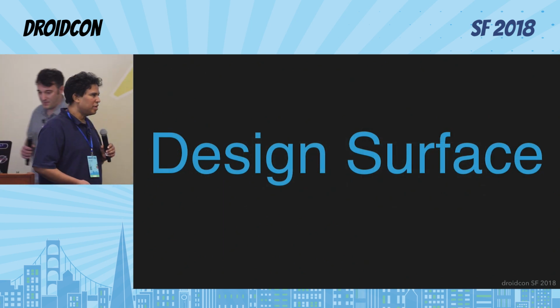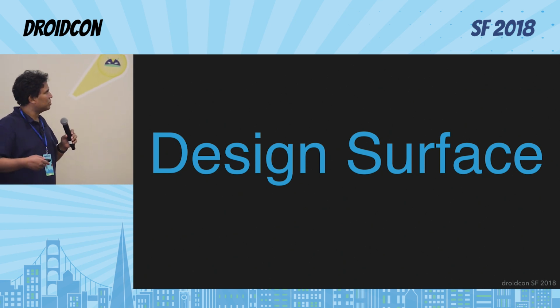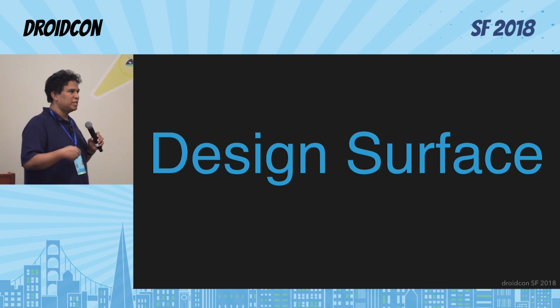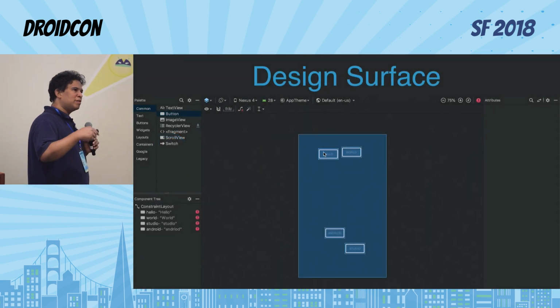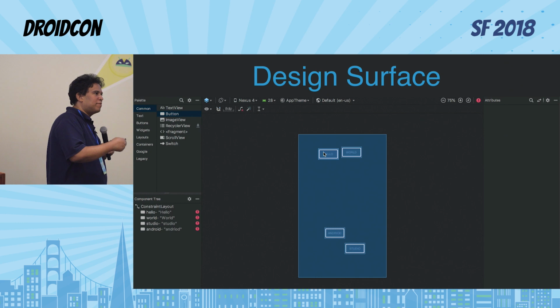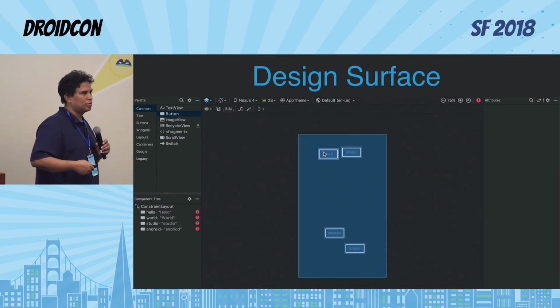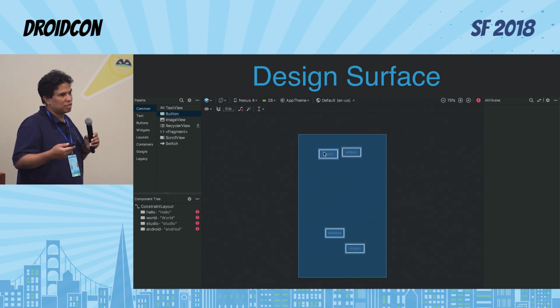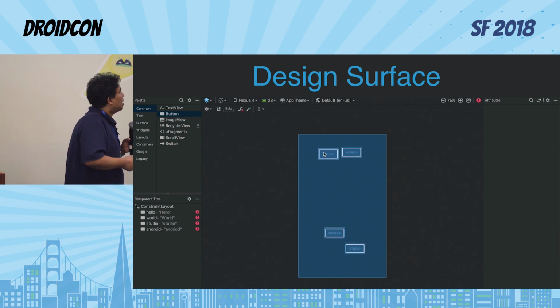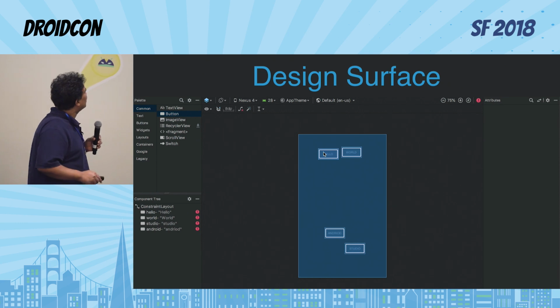So one of the things that I wanted to talk about is our efforts with the design surface. Essentially, we're putting a lot of effort into making this an easy-to-use system for you to quickly create constraints and quickly create Constraint Layout and Motion Layout. So a quick overview of it.